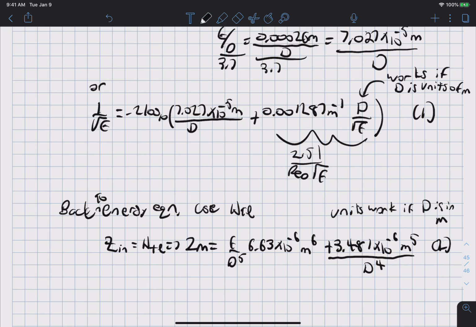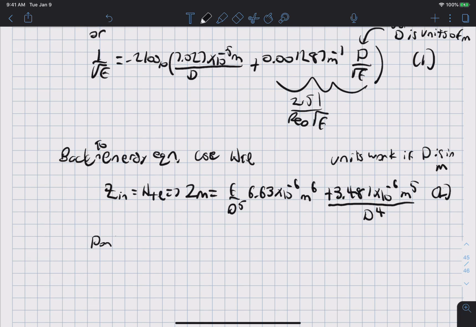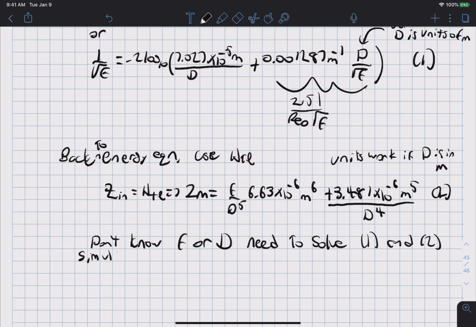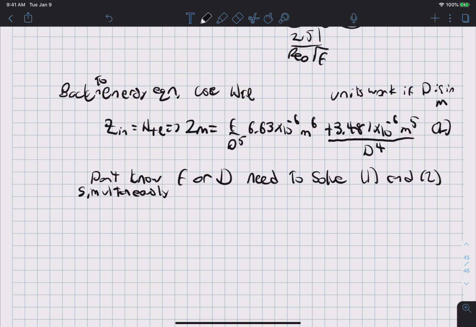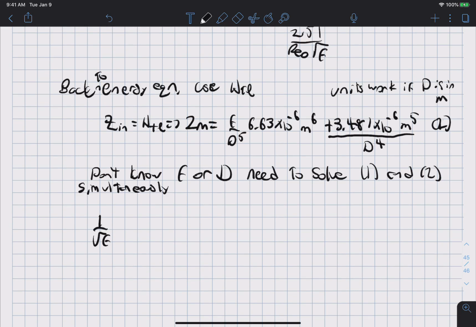Okay, and so we don't know F or D, so we need to solve 1 and 2 simultaneously. And so just to recap, that was 1 over the square root of f equals minus 2 log base 10 of 7.027 times 10 to the minus 5 over d.